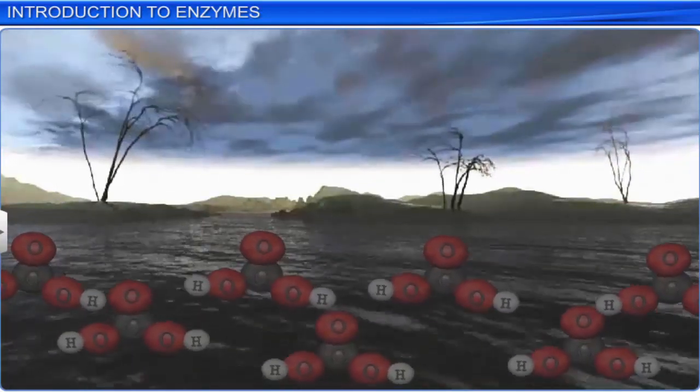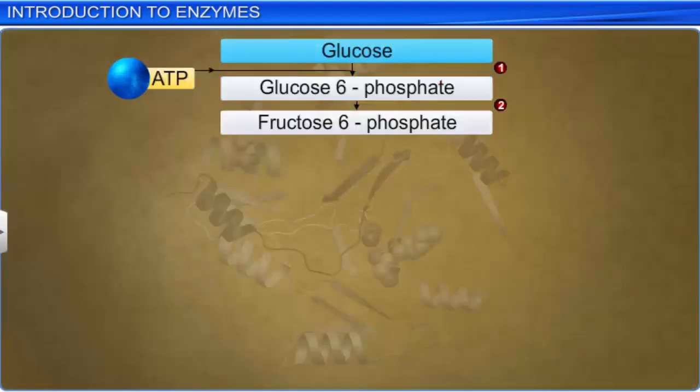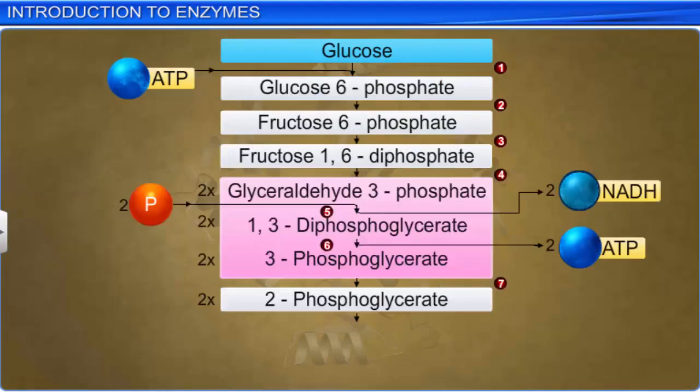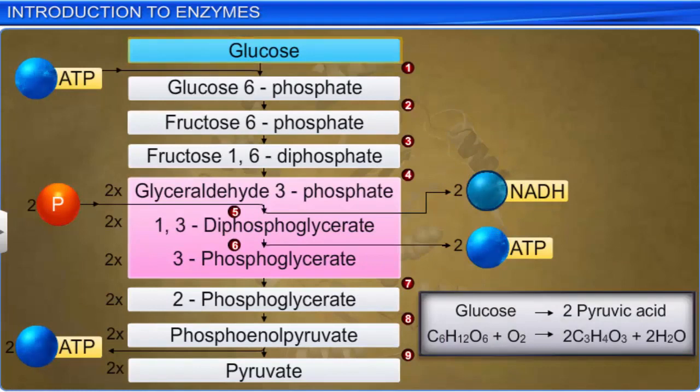There are numerous types of enzymes, and each of them catalyzes a unique chemical and metabolic reaction. There are also multi-step reactions, where each step is catalyzed by a single or multiple enzymes. For example, glucose is converted into pyruvic acid through 10 different enzyme-catalyzed metabolic reactions.